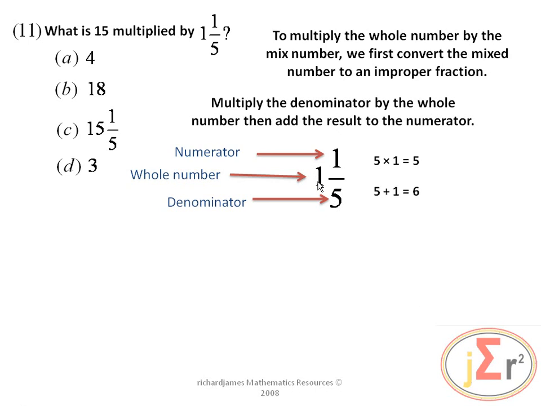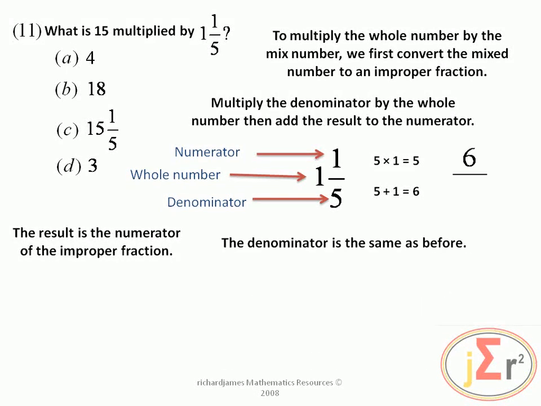Then we move on. That 5 plus 1 is equal to 6. So the 6 is the result that is going to be placed in the numerator. And in completing the fraction, the denominator is the same denominator that we had before.